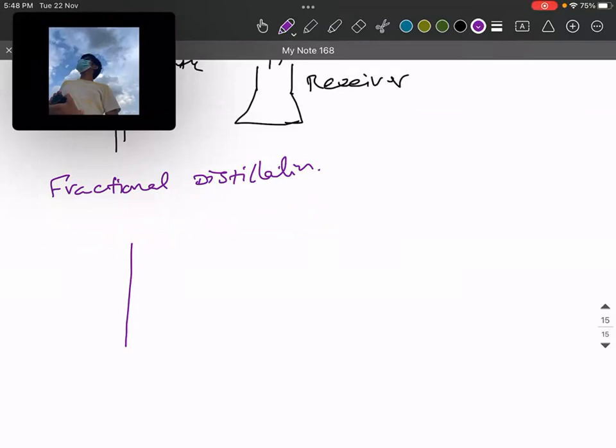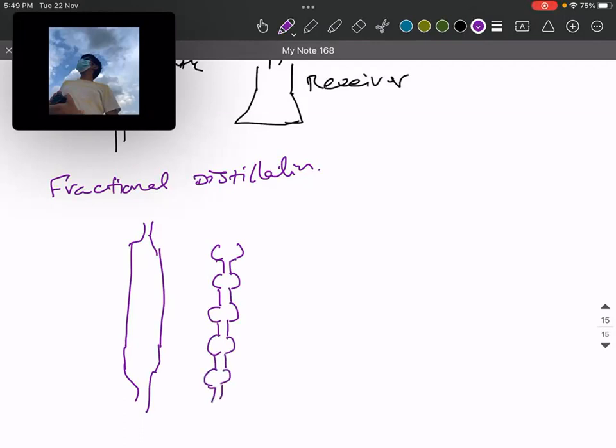In that height, you have different shapes of fractionating column. In this you can have bulbs like this. The column will become like this. So you are keeping the distance very large.